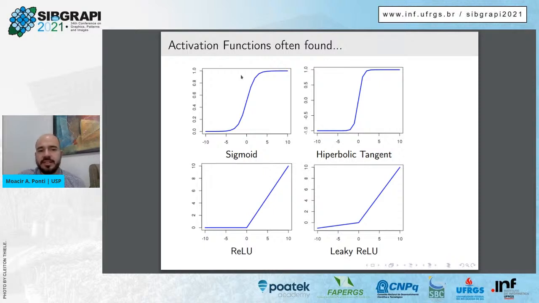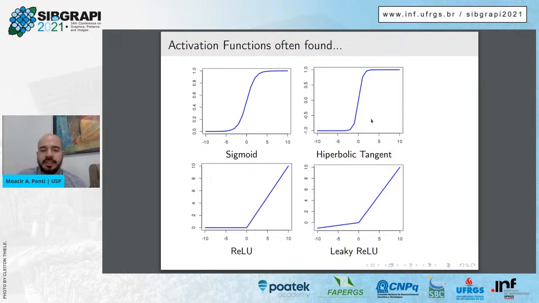It compresses the values into a 0-1 range. And we also have the hyperbolic tangent, which is quite similar to the sigmoid, but it compresses the range of values between -1 and 1.